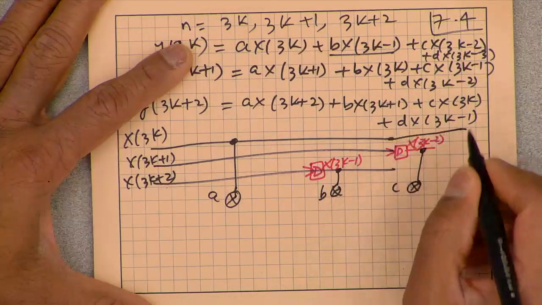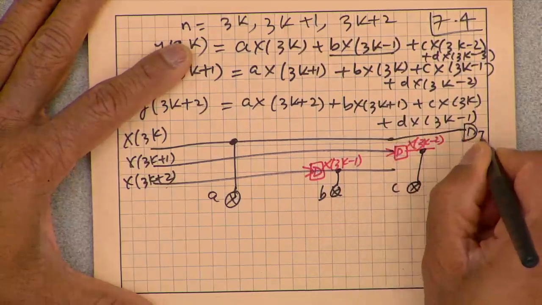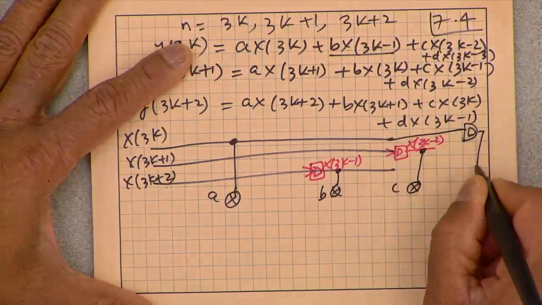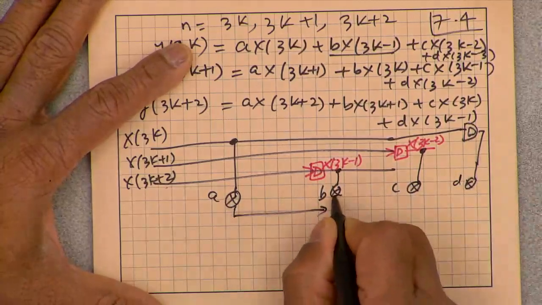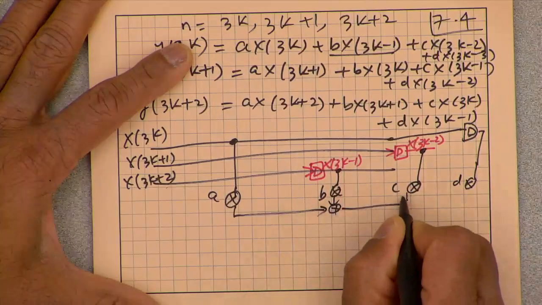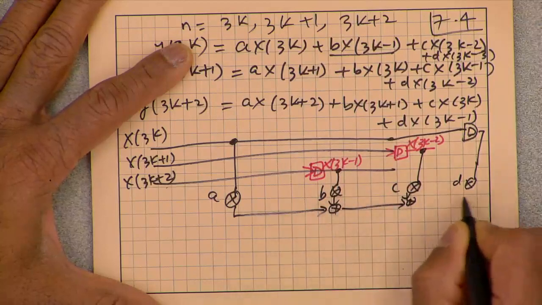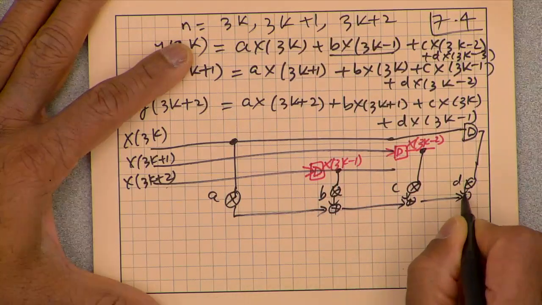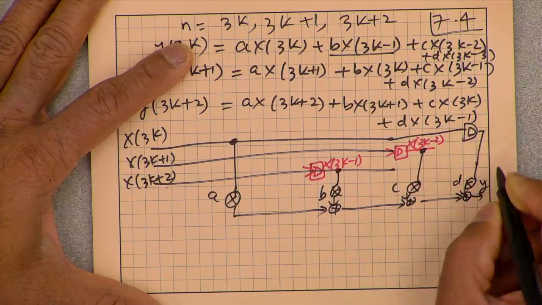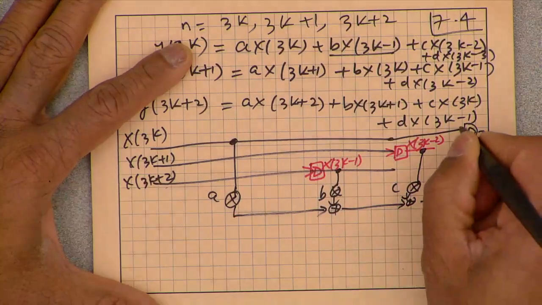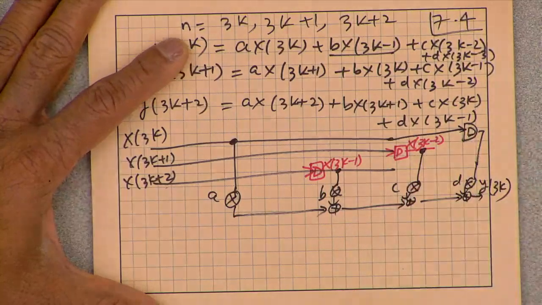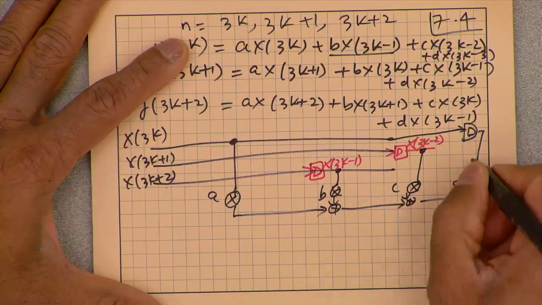So if I take this, delay that by 1, that's 3k minus 3, and multiply by d, and add these. Okay, so that's why 3k. All right.